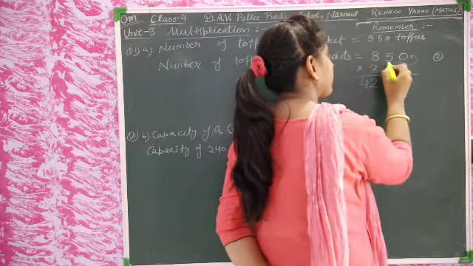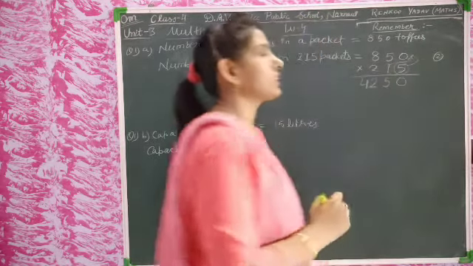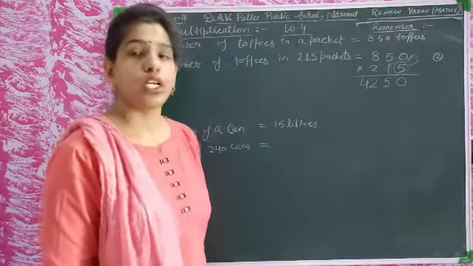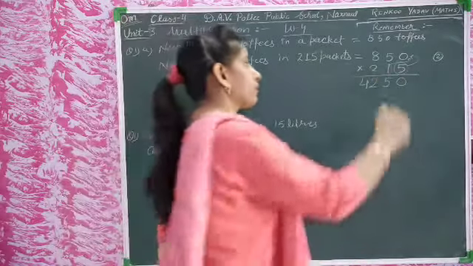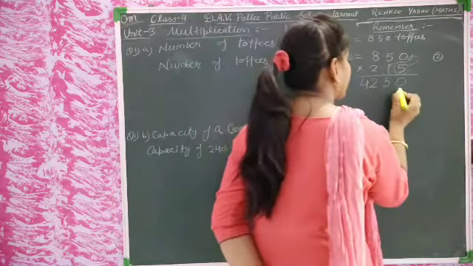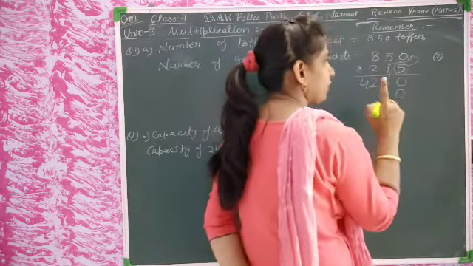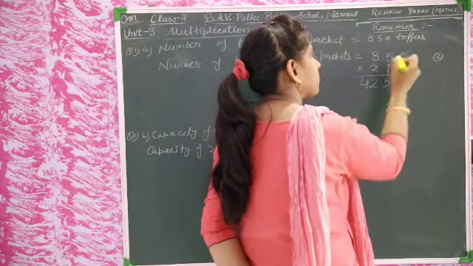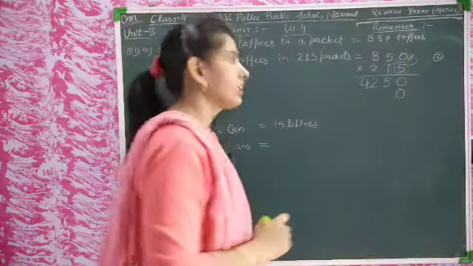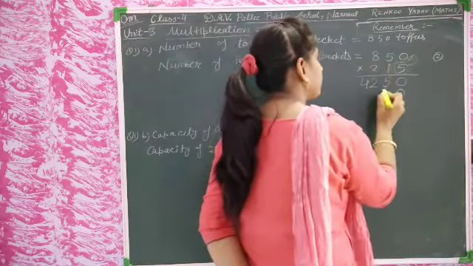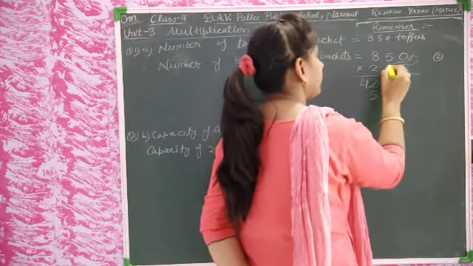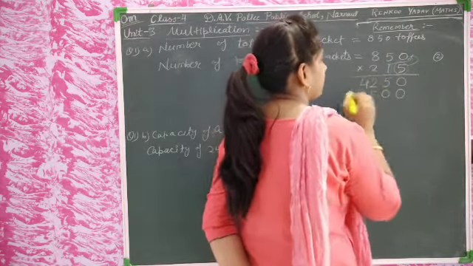Now we have to multiply the tens place digit. To do this, we first place a 0 here because this is the tens place, and now we multiply this number by 1. So 1 into 0, 0, 1 into 5, 5, 1 into 8, 8.